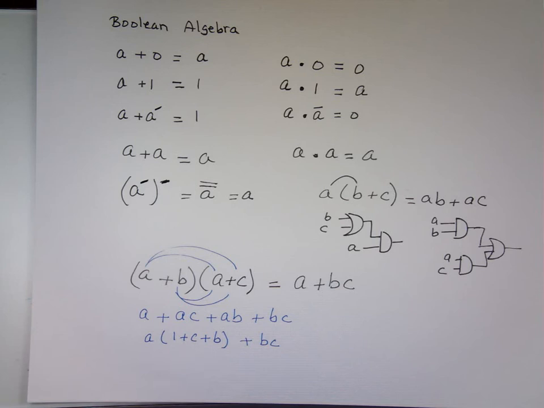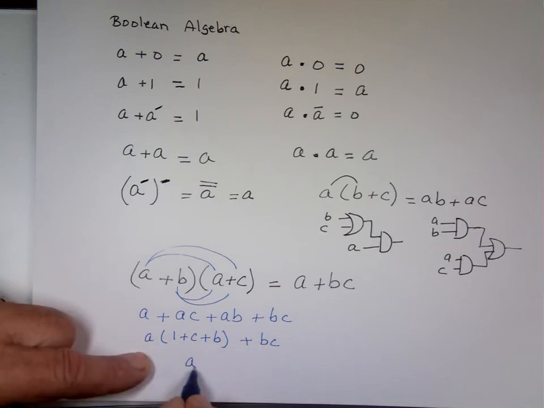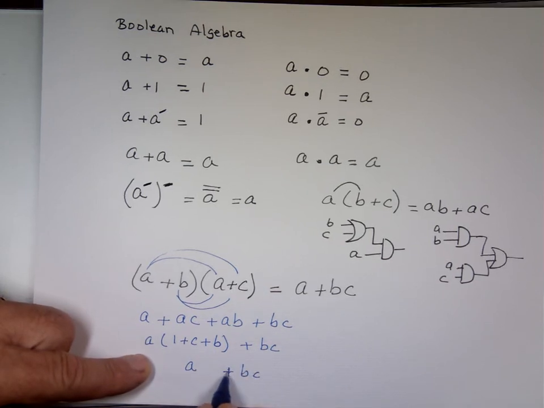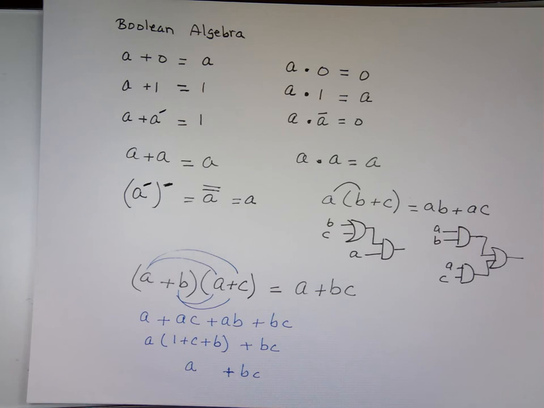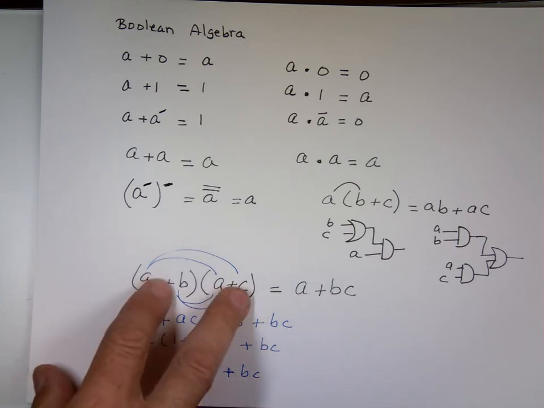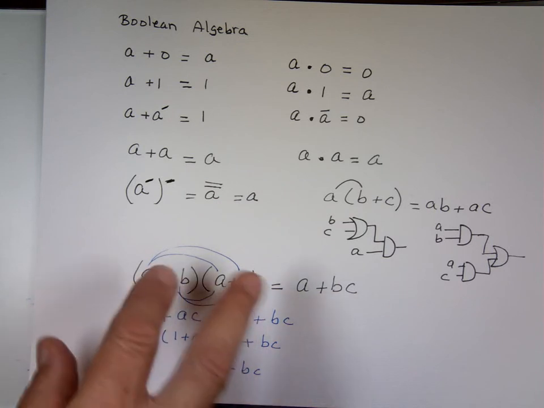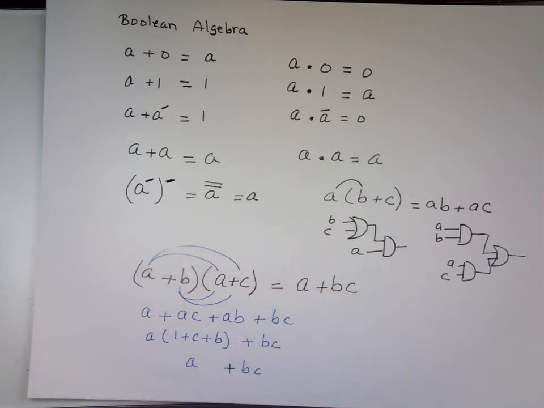So what's A times 1? A plus BC. That's the reason why that's true. Where I use that a lot of times, you have a circuit using OR gates, and they say, I don't want you using OR gates, I want you to use AND gates. I can use that equation to switch them to AND gates. Notice the AND here.